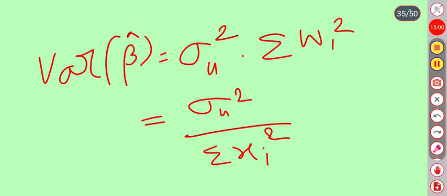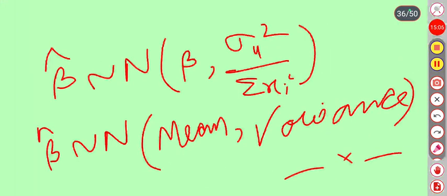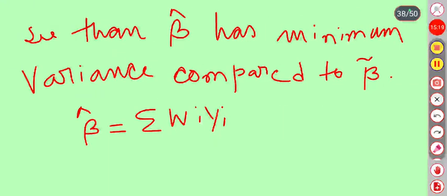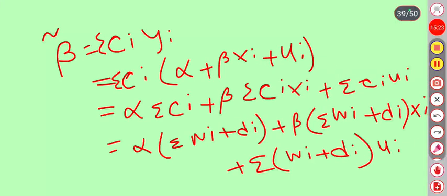Beta tilde is equal to summation ci yi, where ci is equal to wi plus di and yi equals alpha plus beta xi plus ui.